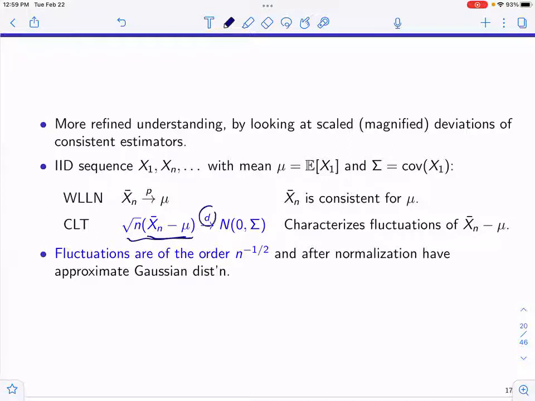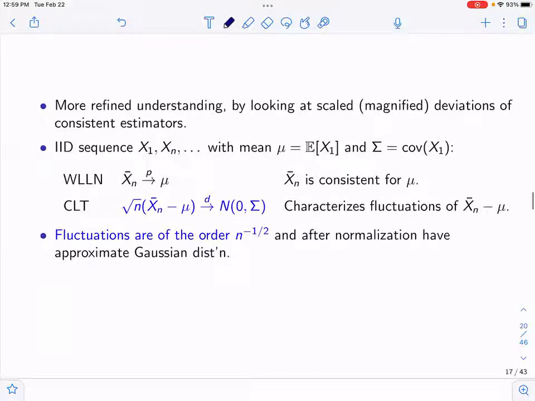Again, this is another mode of convergence that hopefully you have seen in previous courses. It's weaker than convergence in probability. It just says that the distribution of this guy is getting closer to the distribution of a normal random variable. So it characterizes the fluctuations.